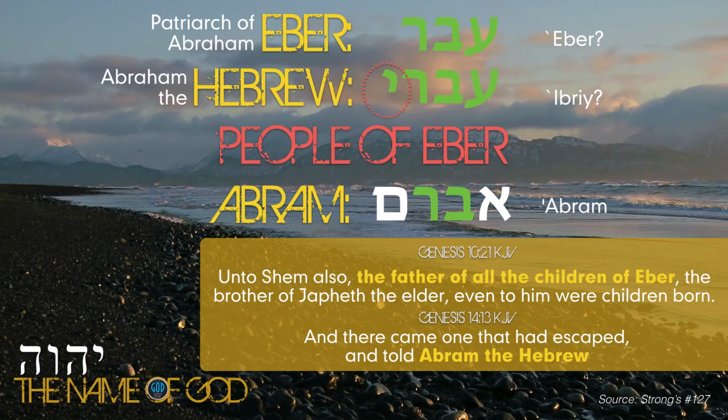It's Eber with an I-Y on the end, denoting people of Eber, just as the Israelites denote people of Israel, just as the Yahudi denote people of Yahuwah. These are Eber's people, just as Israelites are Israel's people. Remember, Jacob renamed Israel by Yahuwah God.